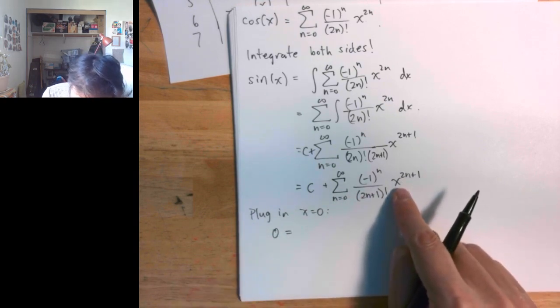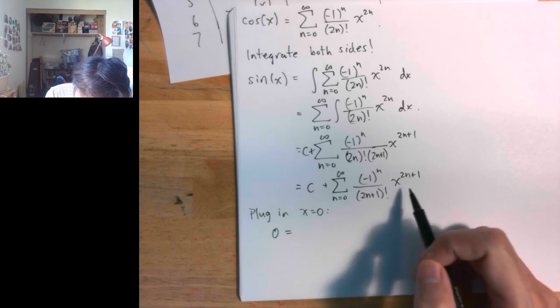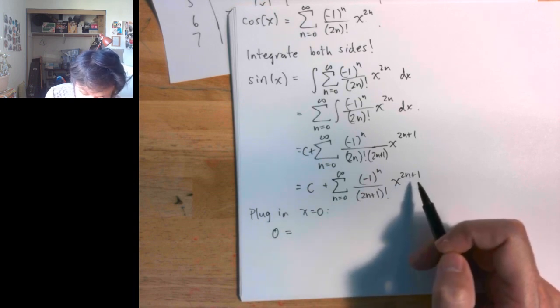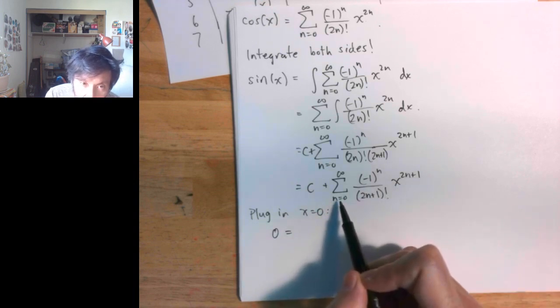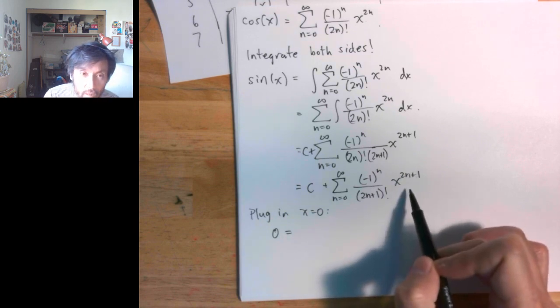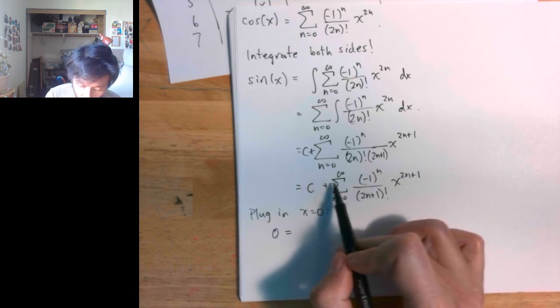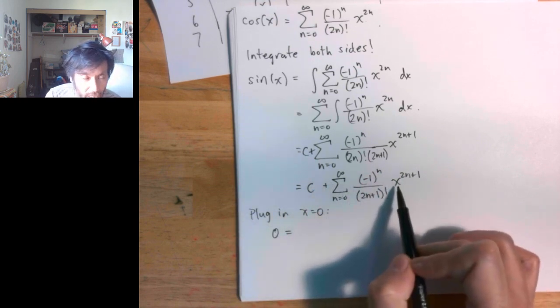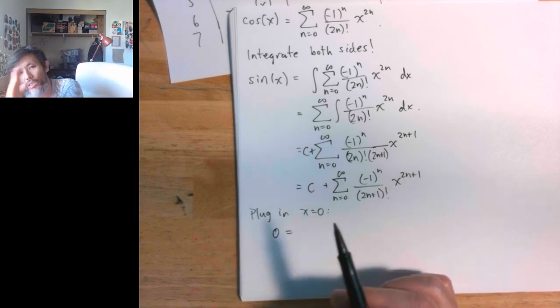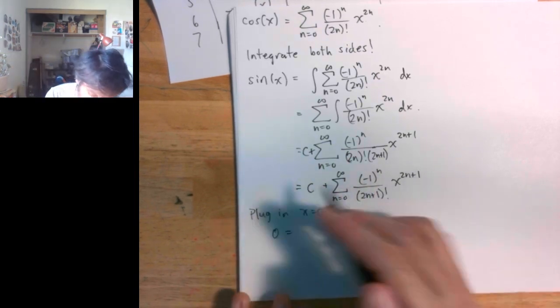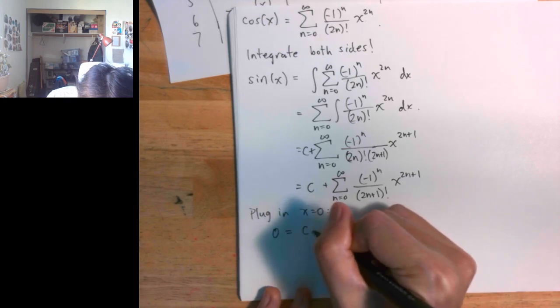If you plug in x equal to 0 here, these numbers, 0 to the 2n plus 1, no matter what n is, will be 0. And so this infinite sum, when you plug in x equal to 0, is just an infinite sum of zeros. So this whole thing here is 0. So yeah, maybe I'll write that.